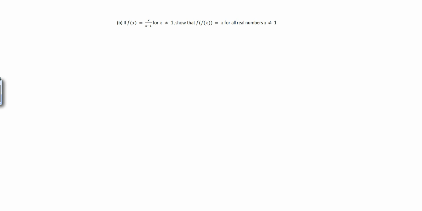Okay, so when I see a question like this, f of f of x, this is a composition of functions, and the strategy I like to use for this kind of question is to find the inverse of f of x.